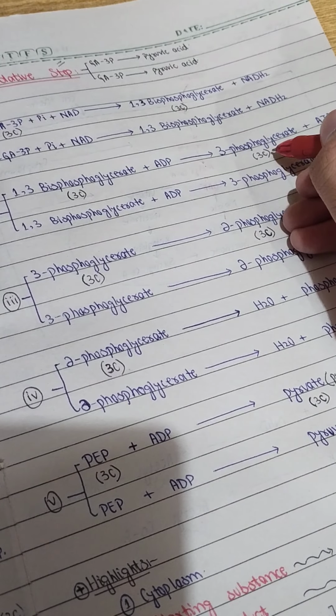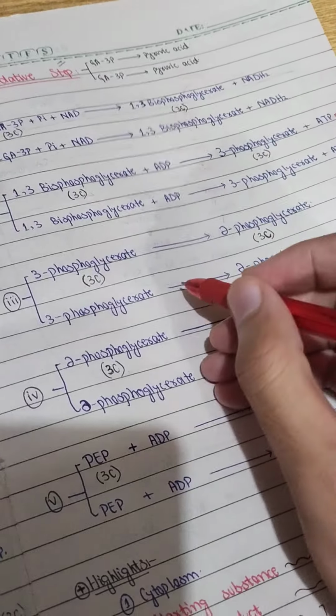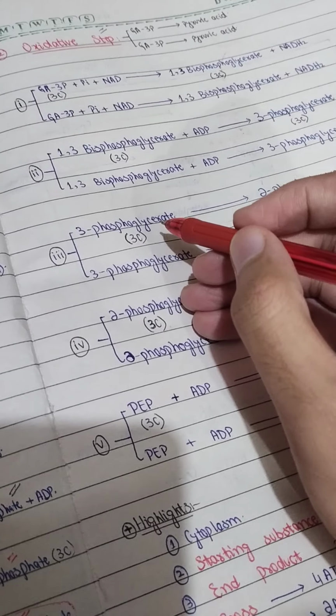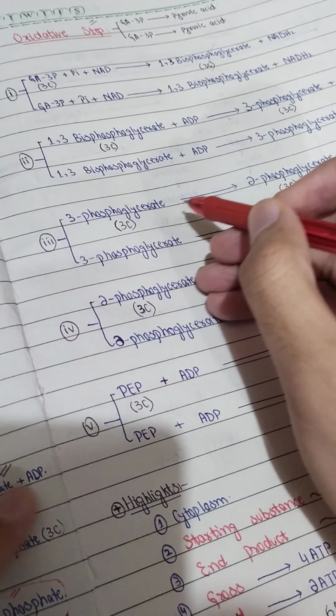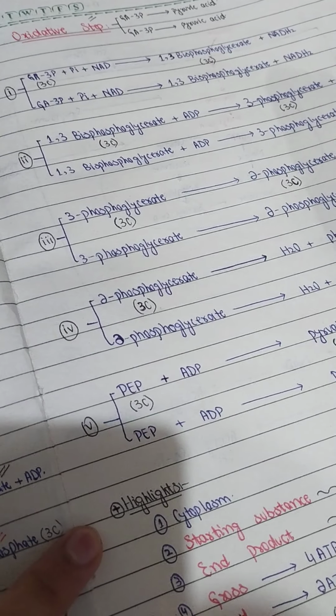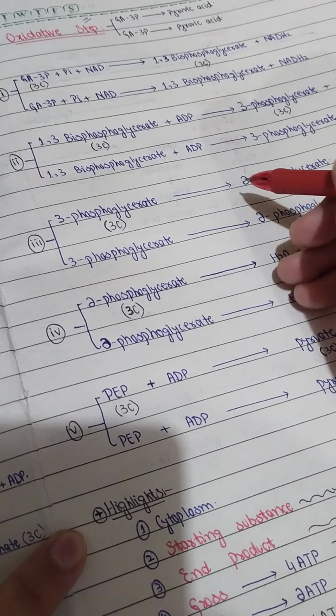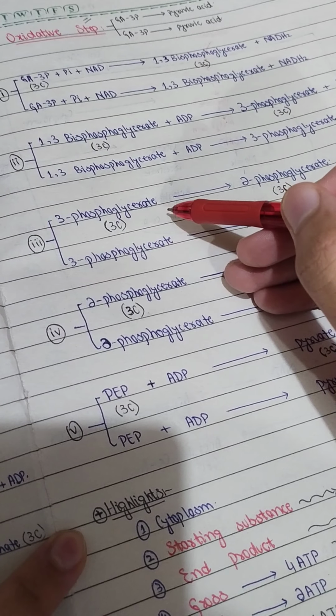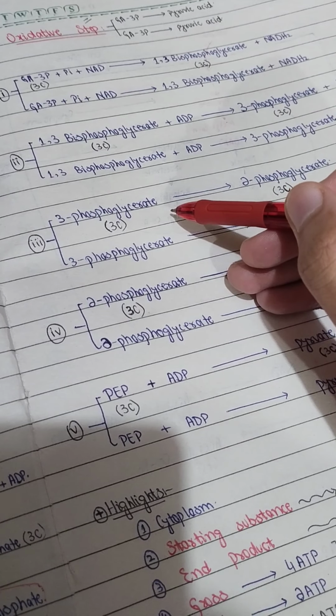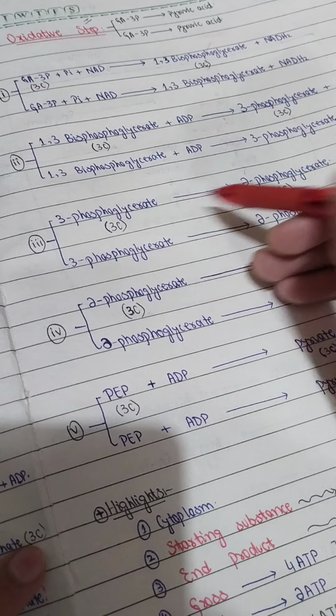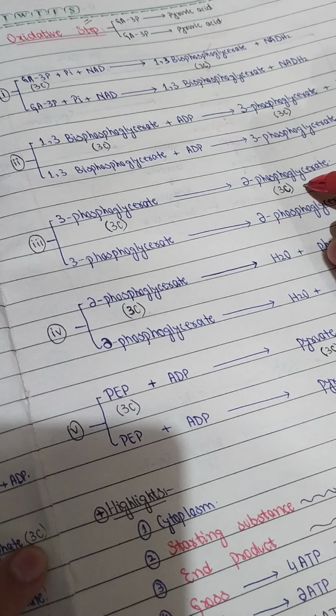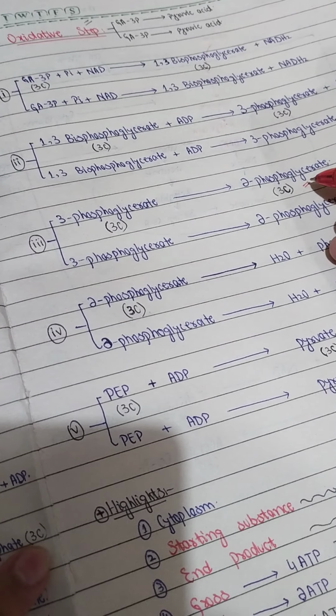Here is the carbon number of the molecule. The 3 phosphoglycerate then converts into the 2 phosphoglycerate molecule. Here the phosphate attaches to carbon number 3, and in this molecule the phosphate attaches to carbon number 2.